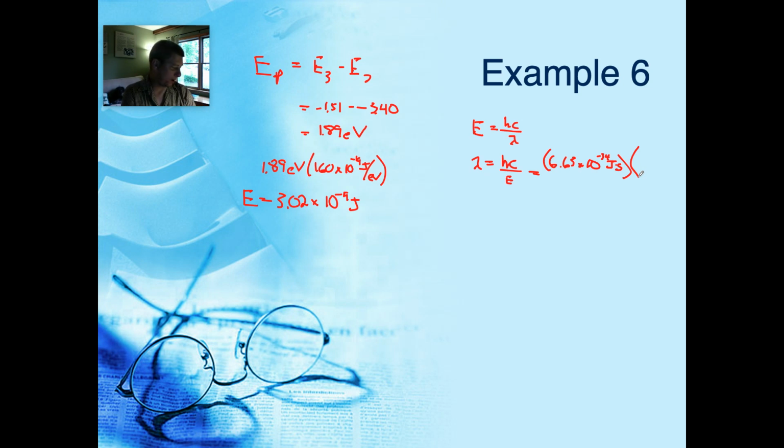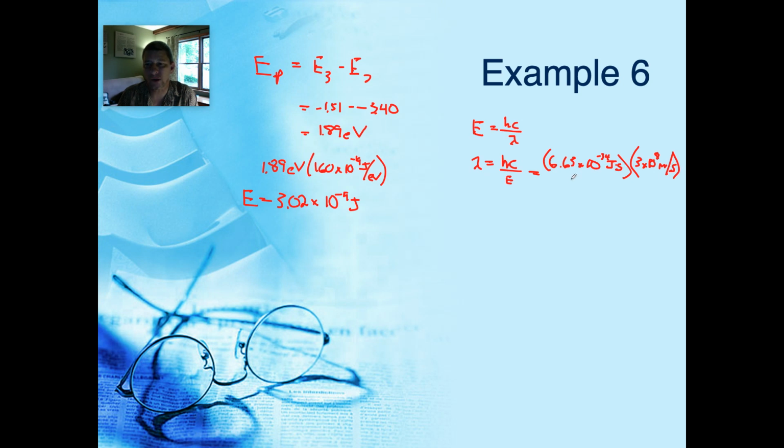Again, this is found on the front page of your reference tables: 3.00 times 10 to the 8th meters per second. So I'm going to skip the sig figs there. Times 10 to the 8th meters per second.